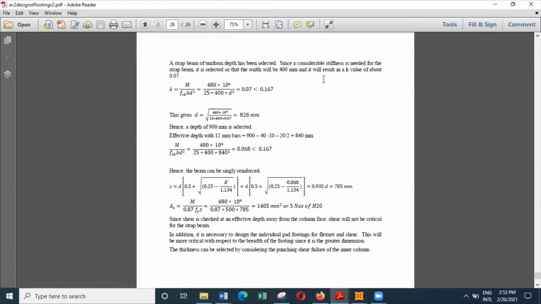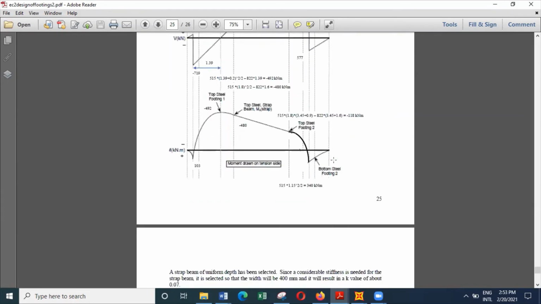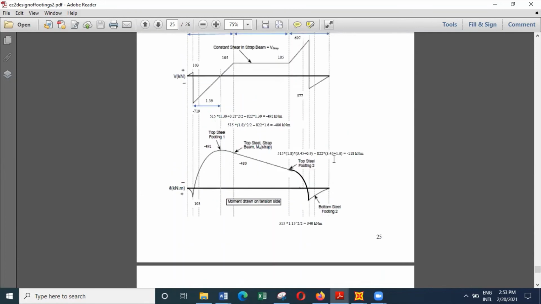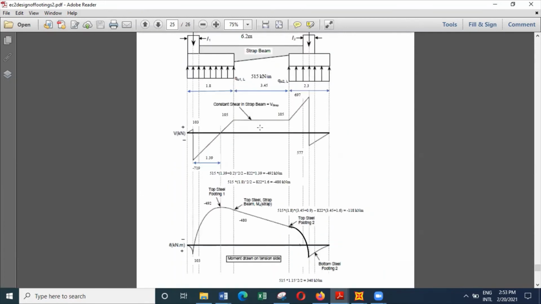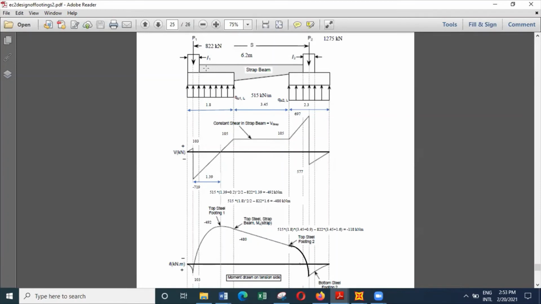So once you know the reinforcement, you can also look at the shear. In these areas, the chances for shear failure would be remote in the strap beam because it's supported by the footing.